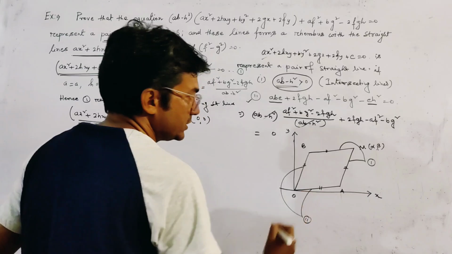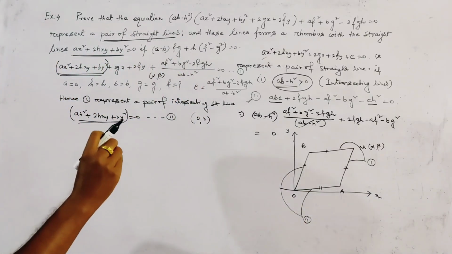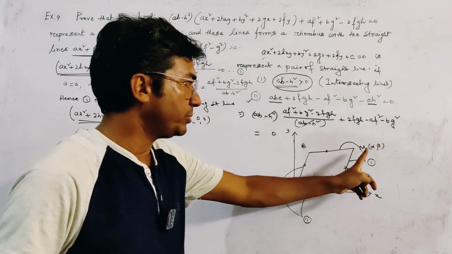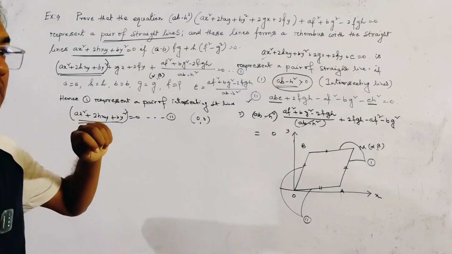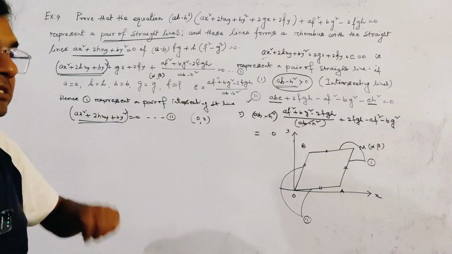Now our first aim is to find the point of intersection M of the two lines given by 1. How to find the point of intersection?